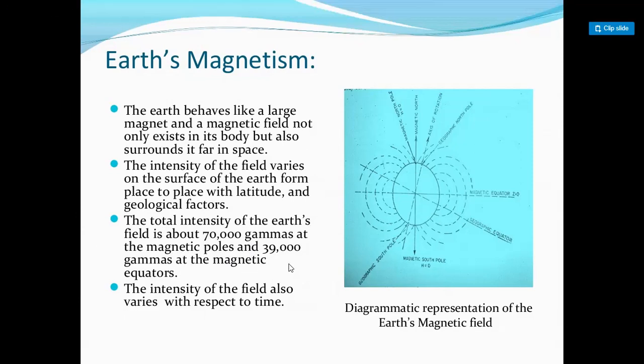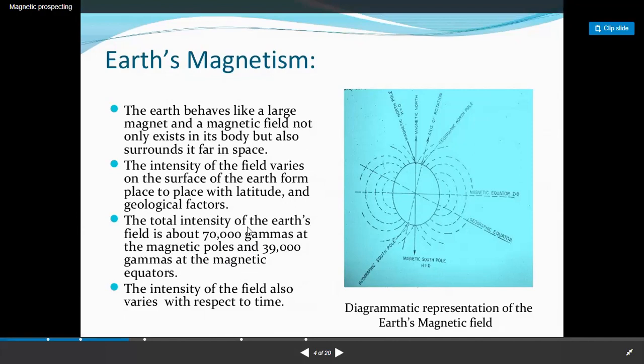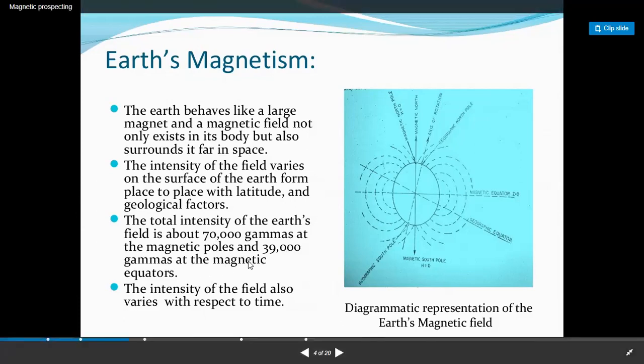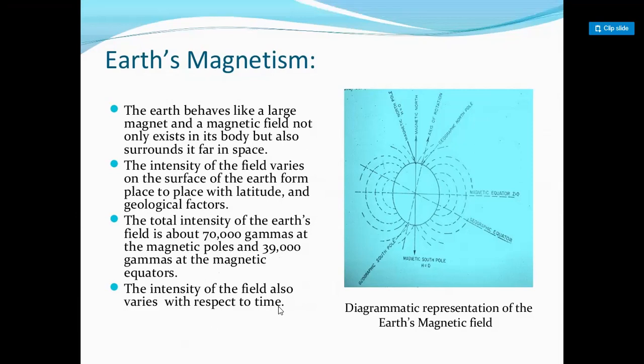The total intensity of the Earth's field is 70,000 gammas at the magnetic poles, while at the magnetic equator only 39,000 gammas are available. The intensity of the field also varies with respect to time.